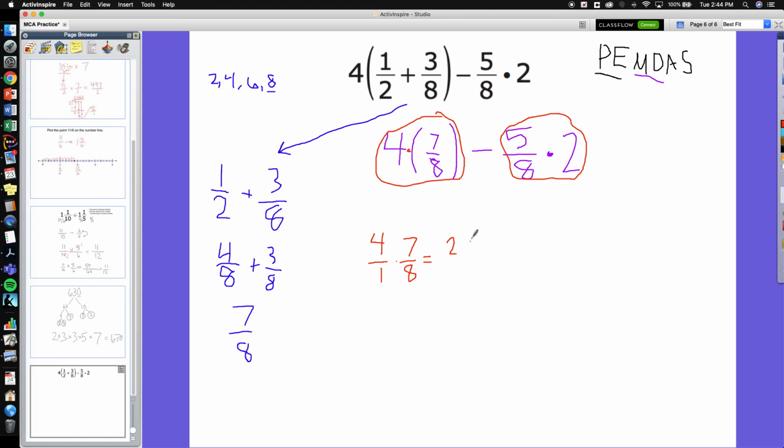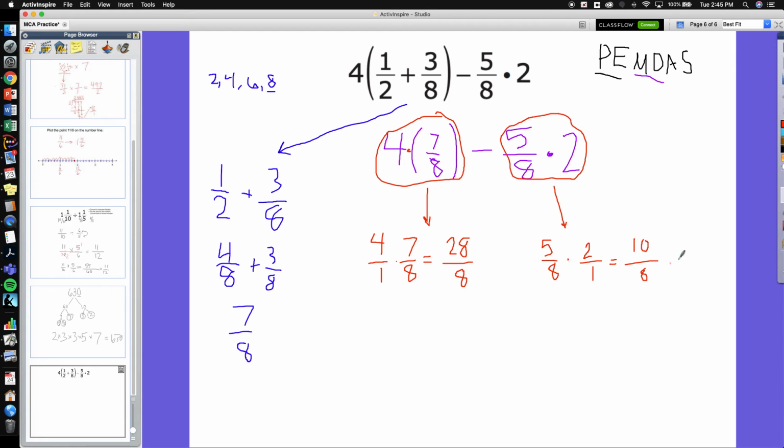We get 28. And then 1 times 8 is 8. So we've got that. Now, we're going to do this one. 5/8 times 2 over 1. Now we have 10/8.